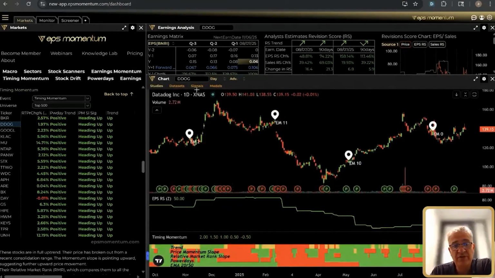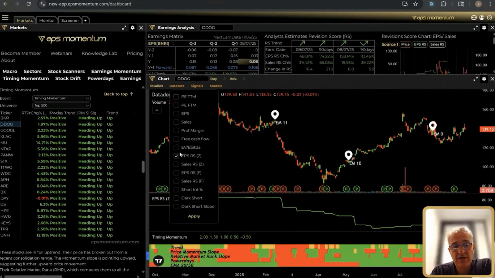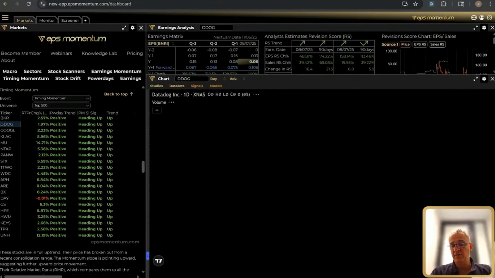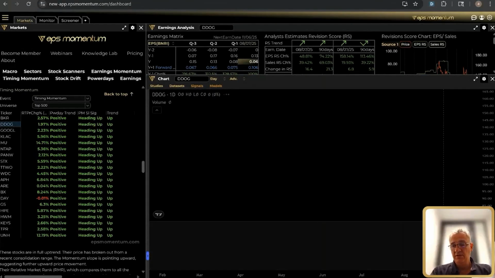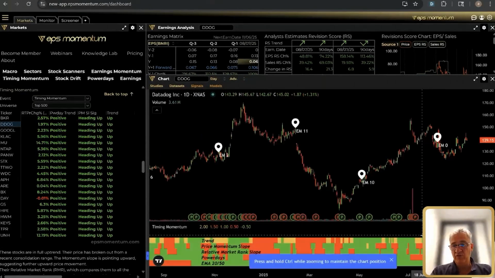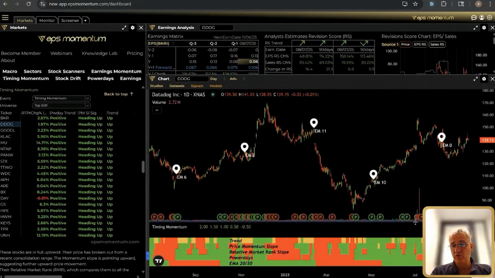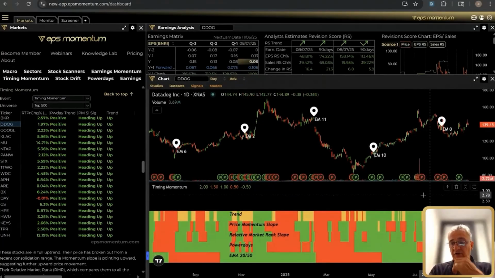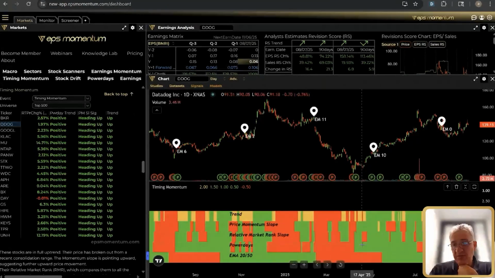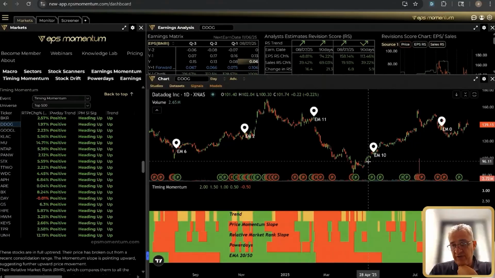So the timing momentum is the following. It's a set of analytics that you can display at the bottom of the chart that really gives you a simple picture, green and red, of whether the stock is in a positive trend or not. So I can see these 3 start getting green here.